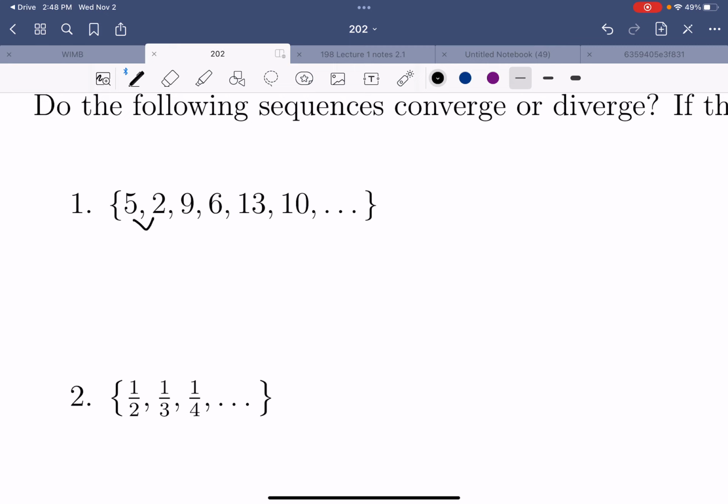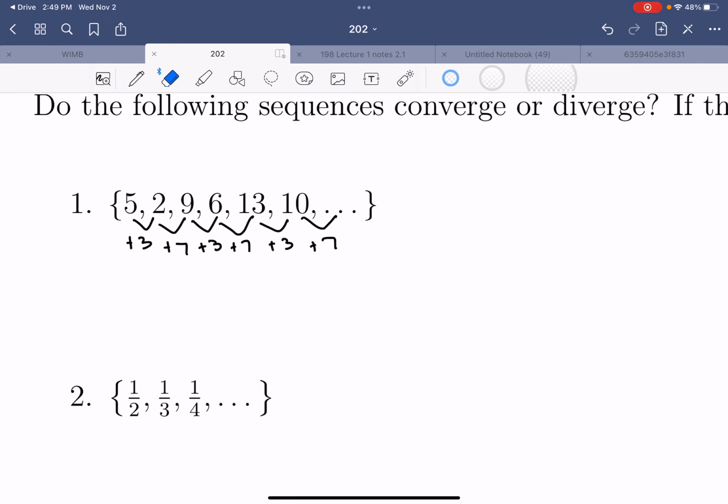If we look at differences here, this is plus 3. This is plus 7. Plus 3. Plus 7. Plus 3. Plus 7. So, oh no, I lied. Minus 3. Hold on.